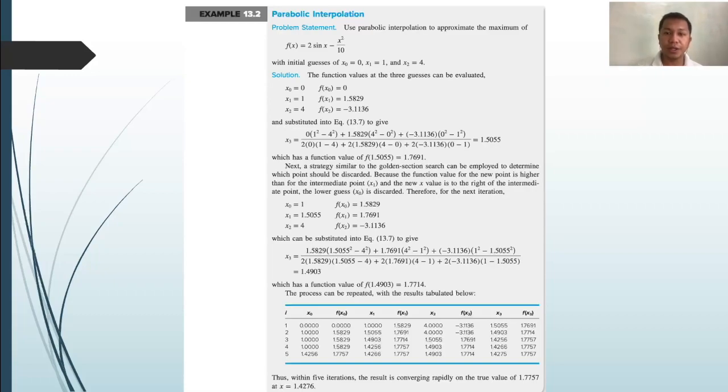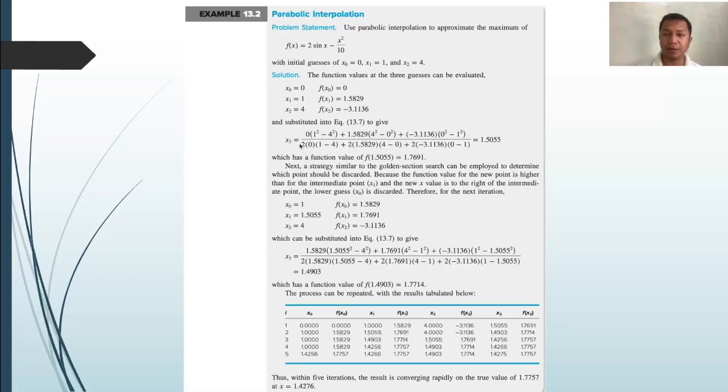The solution is to get the function values. f of x0 is equal to 0, substituting 0 to the function. f of x1 is equal to 1.5829, and f of x2 is equal to negative 3.1136. Substitute these to the equation earlier to get x3.